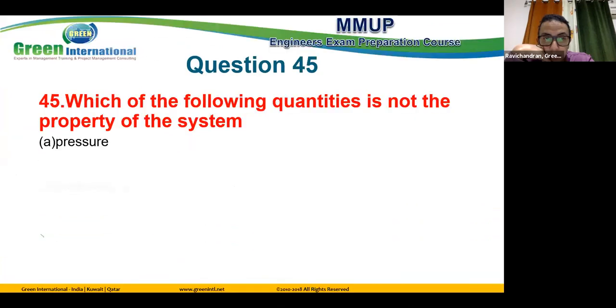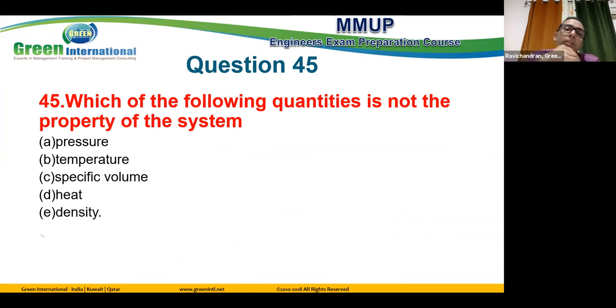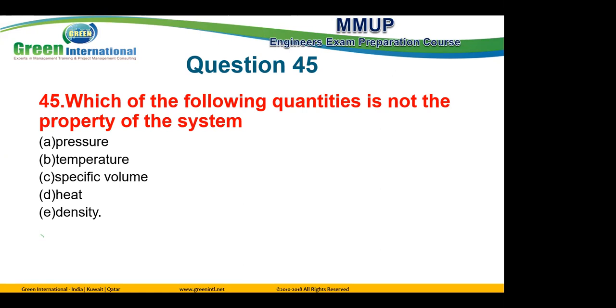Which of the following quantities is not a property of the system? Which of the following quantities is not the property of the system? Heat. Density, pressure, temperature.